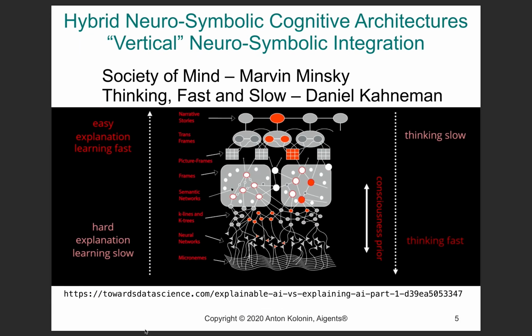Another example of the neurosymbolic integration or hybrid neurosymbolic cognitive architecture is what I would call vertical neurosymbolic integration, and this idea is inspired by design by Marvin Minsky on one hand, where he describes the hierarchy of agents responsible for higher level of abstraction and operation and perception, and lower level agents responsible for lower level of operations and perceptions.